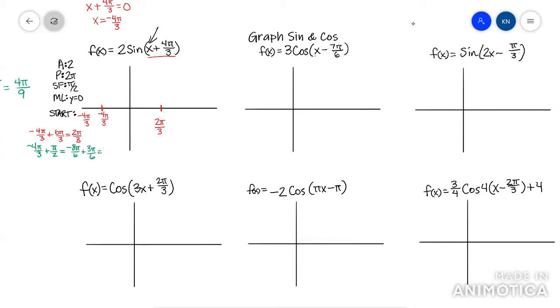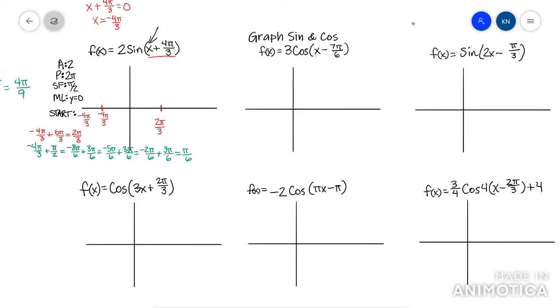So my first one would be at negative 5 pi over 6. Then I'm going to add another 3 pi over 6, and I keep doing this until I have all of my locations.